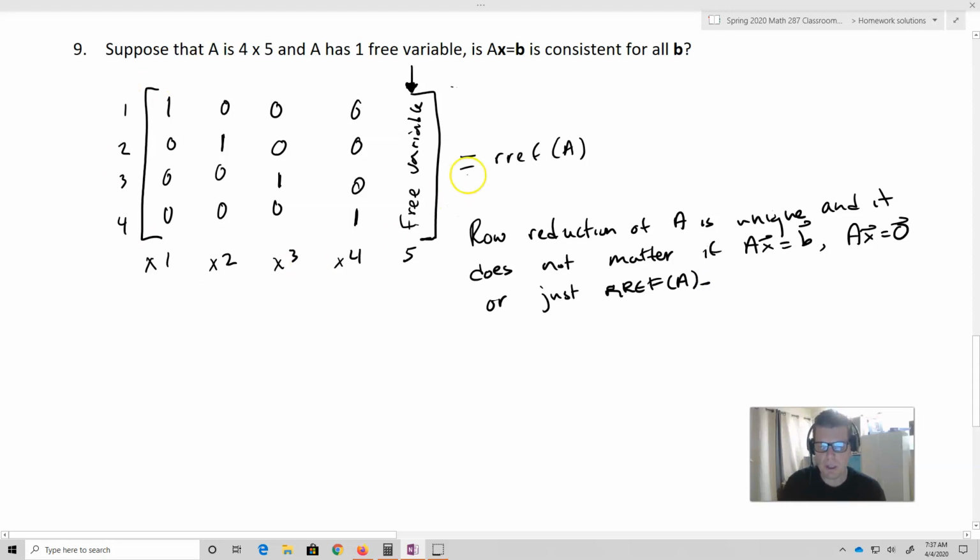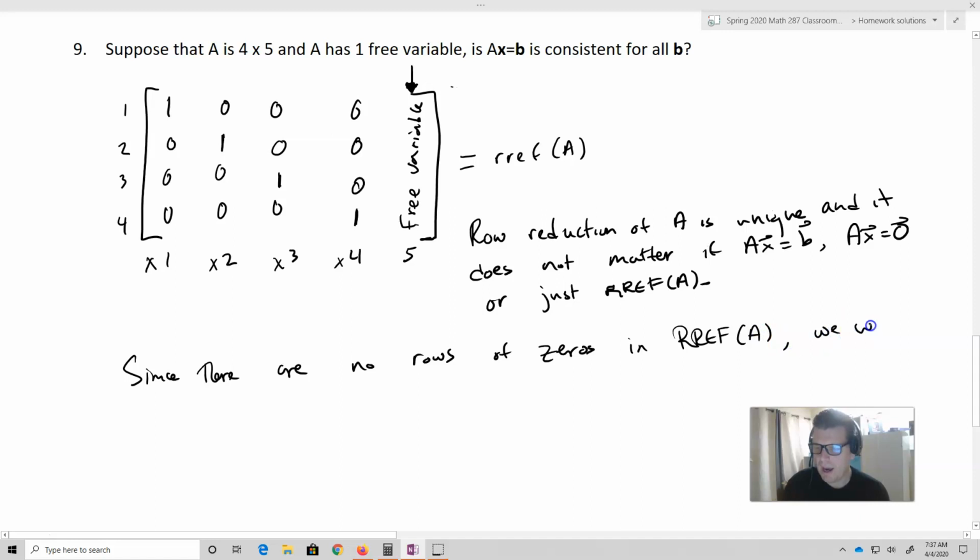So imagine what it looks like to have a row reduction that looks like this: 1, 2, 3, 4 pivots, plus a free variable. So you have no rows of zeros. Since there are no rows of zeros in RREF of A, we will not get any inconsistent systems.